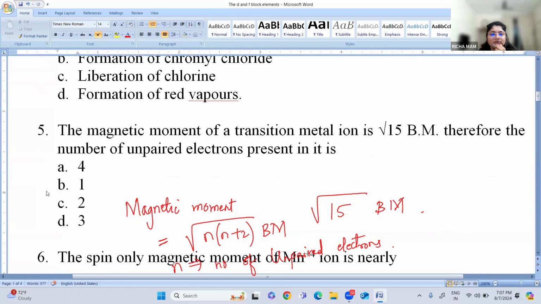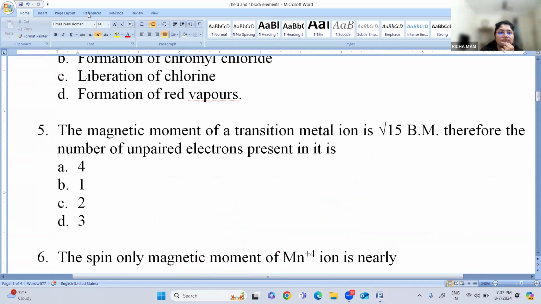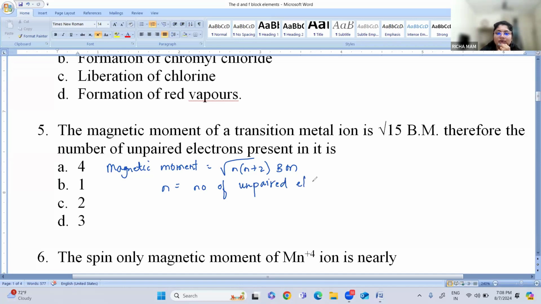So the magnetic moment is equal to square root of n into n plus 2 Bohr magneton, where n is the number of unpaired electrons.